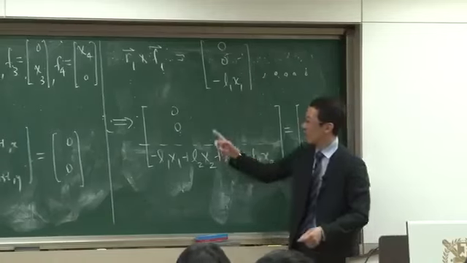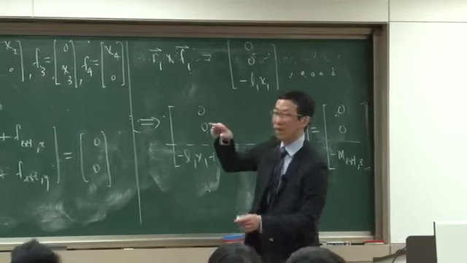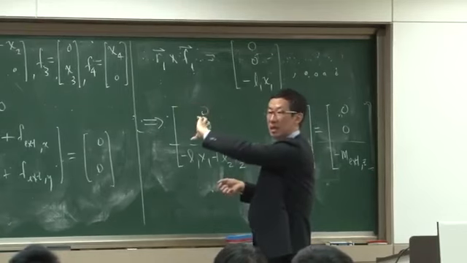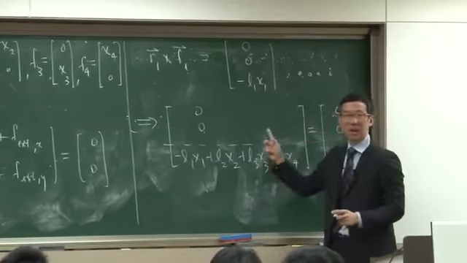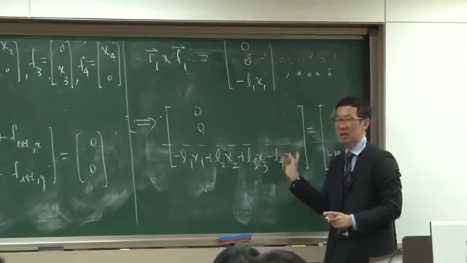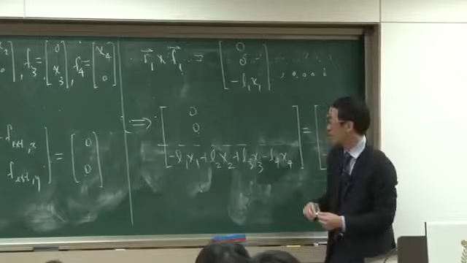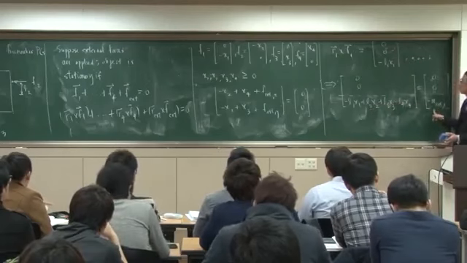So F1 and F4 cause the object to rotate clockwise. That's why there's a minus. F2 and F3 cause the object to rotate counterclockwise. That's why they're plus. So let's ignore the xy component. Just write this down.